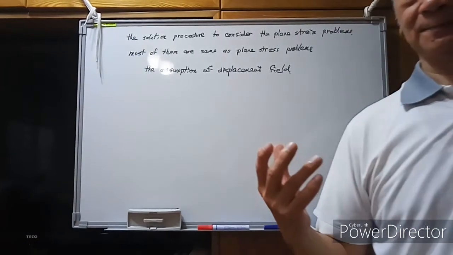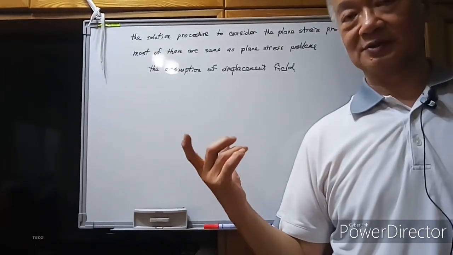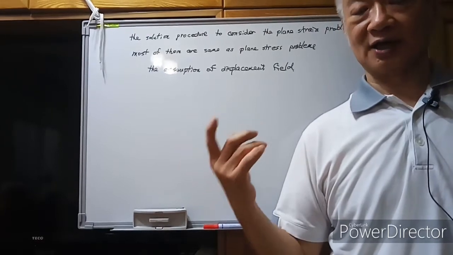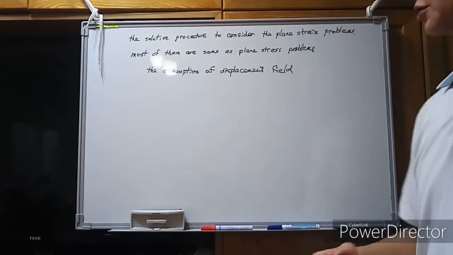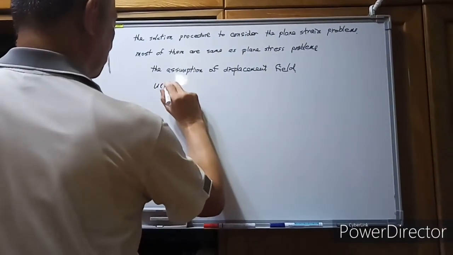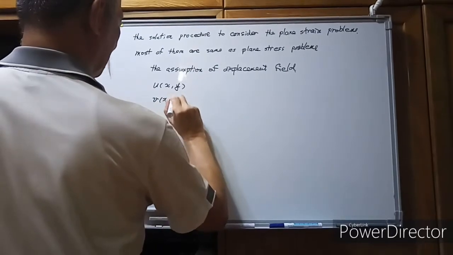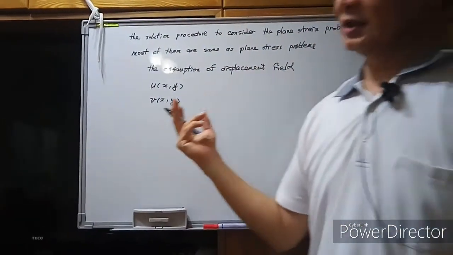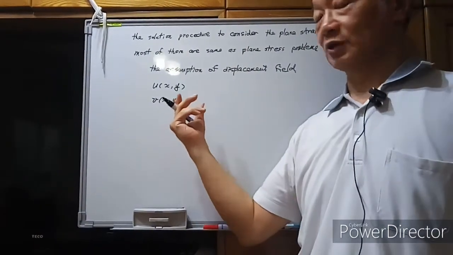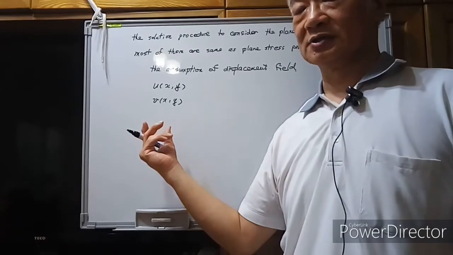So the only non-zero displacements will be the displacements along the x and the y directions. So the displacement functions we need to assume will be the u of xy and the v of xy. Okay, and for the plane stress problems, we could have the non-zero displacement along the z direction.